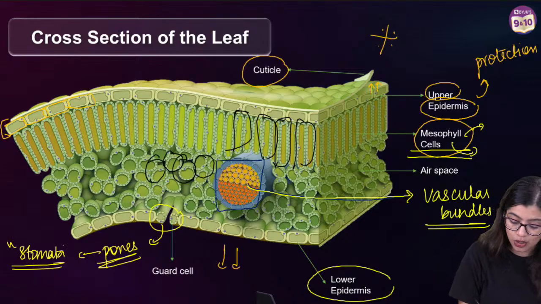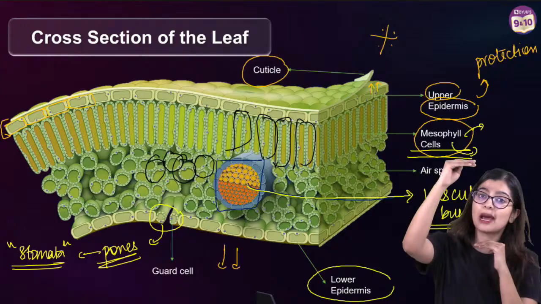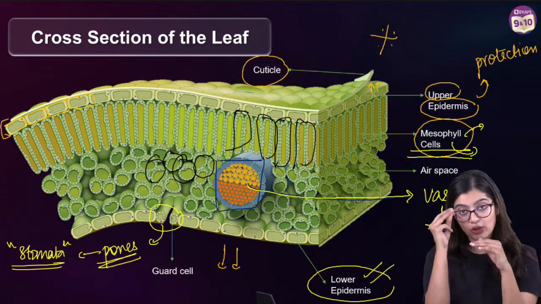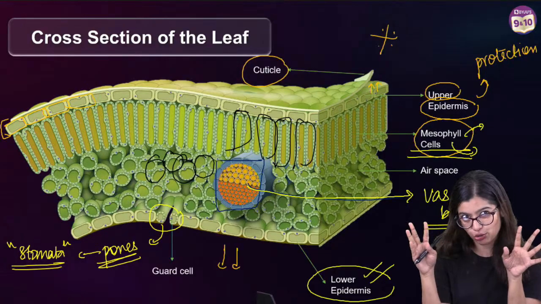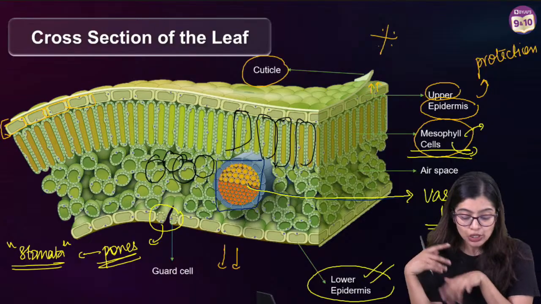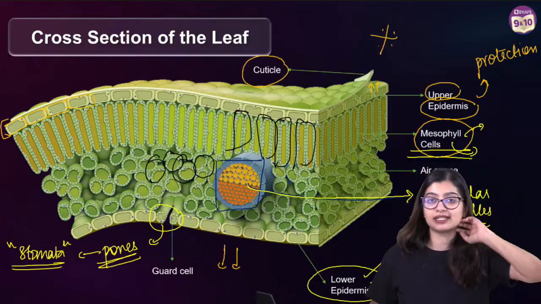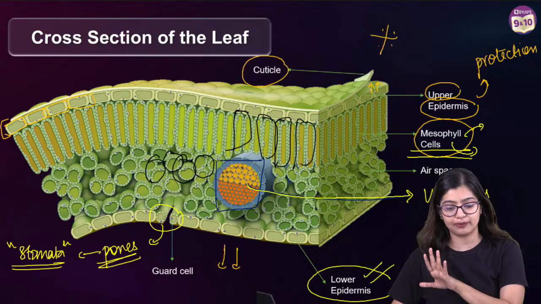If you were to identify which is the upper and which is the lower epidermis, you should be able to know that if stomata are present, it is the lower epidermis. Normally in a diagram they will not show you stomata in the upper epidermis, right? So here we see that stomata are the fine openings present primarily on the lower epidermis of the leaf.